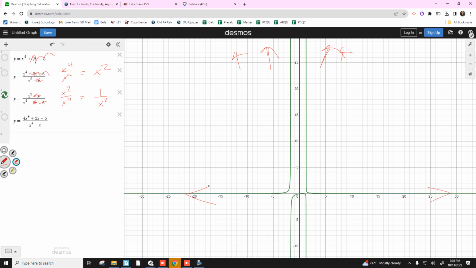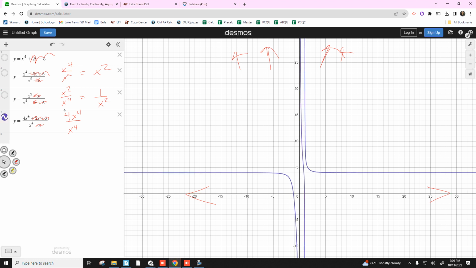Those are those arrows to the left and to the right. This one, ready? Challenge. I cross off. I end up with 4x to the fourth over x to the fourth. My arrows will go towards 4. See? It's not that bad.